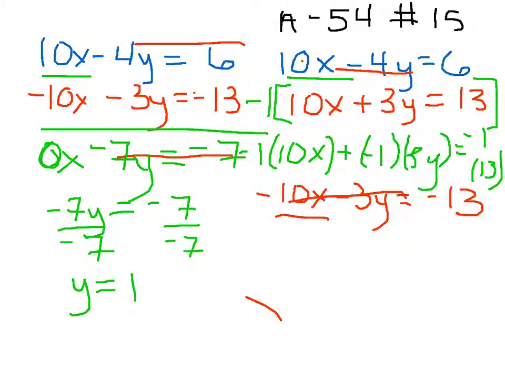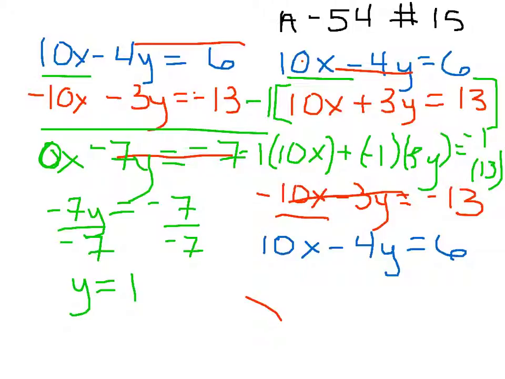Once again, that leaves me halfway done. So I can choose either equation. I'm just going to plug it into the blue equation. So I have 10x minus 4y is equal to 6, and then I'm going to substitute.